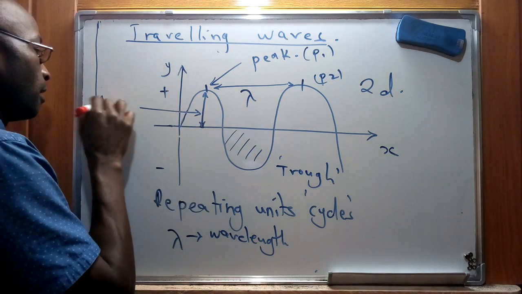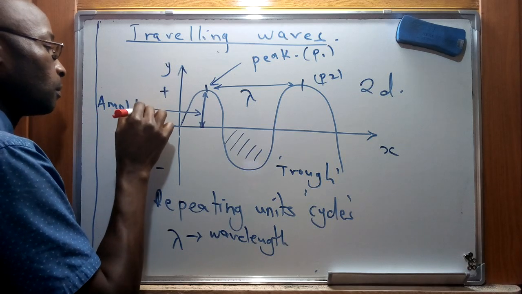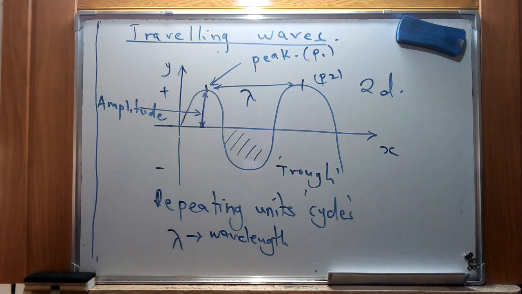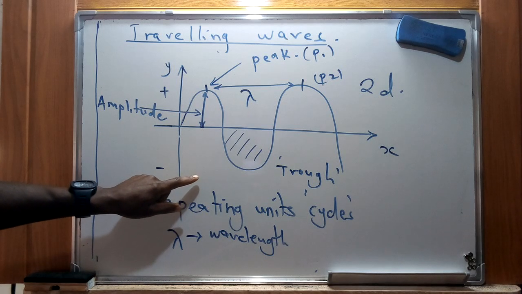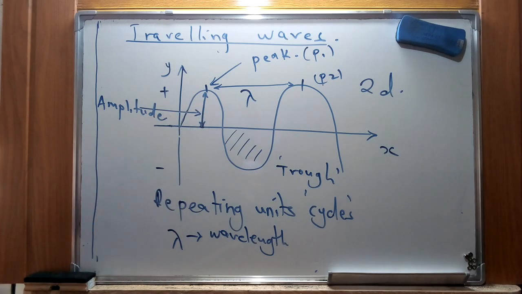amplitude. This refers to the half vertical distance between the x-axis and the peak, which we call the amplitude.